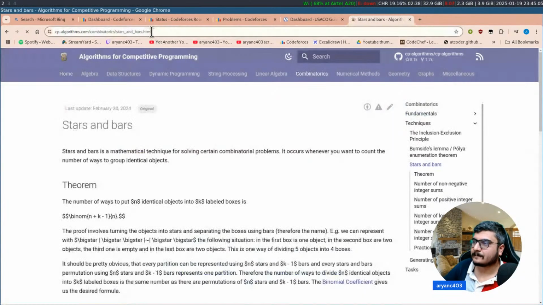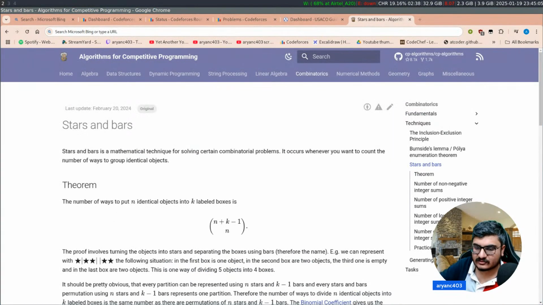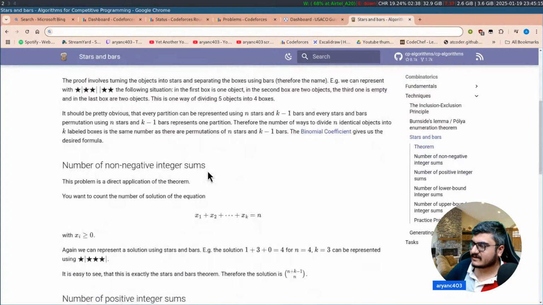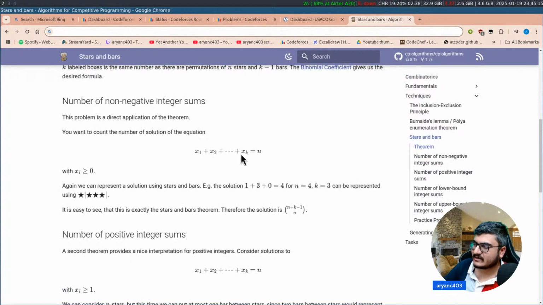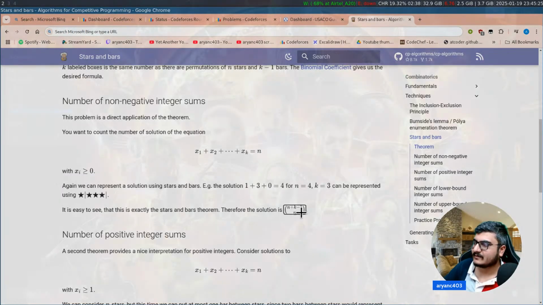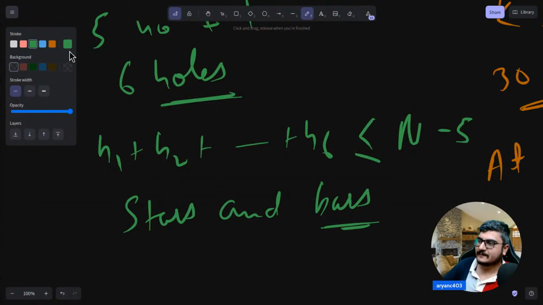Stars and bars, you might want to check this one out. For an equation like x1 + ... + xk equal to n, where all the values are greater than 1, the number of solutions is exactly this. And we have a less than or equal to sign here.